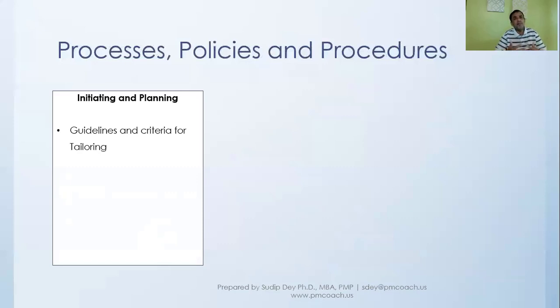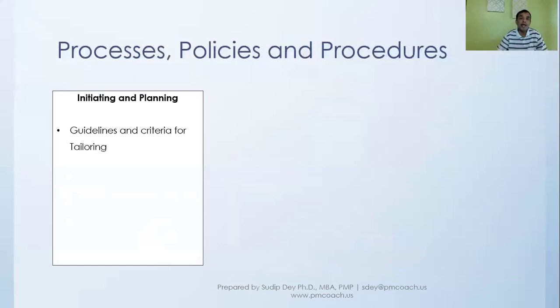There might be a guideline on how you want to plan, and typically in an organization, there are standards that are set: how you will be reporting, or how you will put together your plan, and so on.